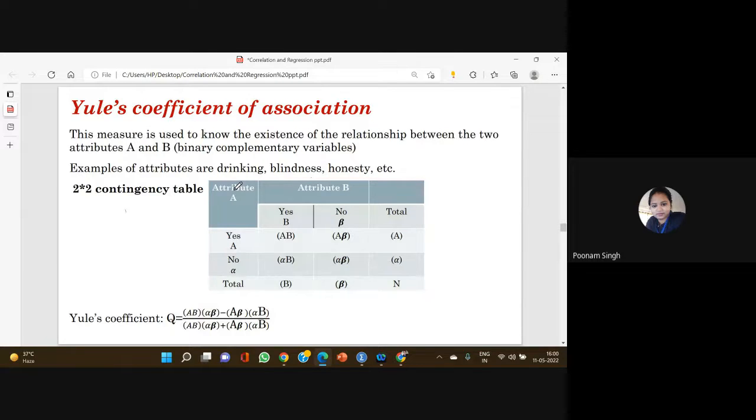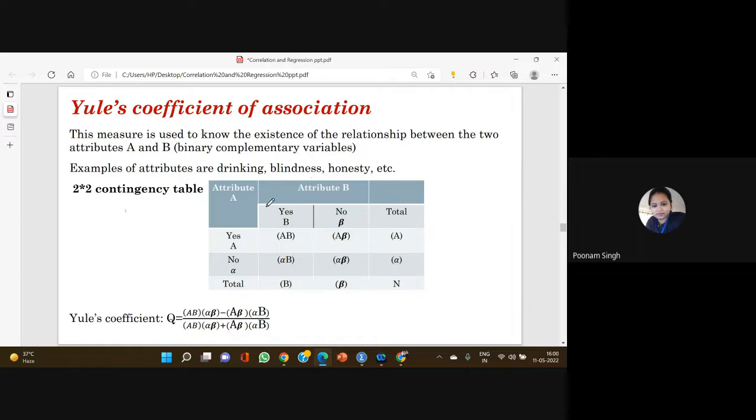Yule's coefficient of association is used to know the existence of a relationship between two attributes A and B. Attribute means quality or any feature, and we consider the attributes, for example, drinking. Yes or no represents the presence or absence of that attribute.